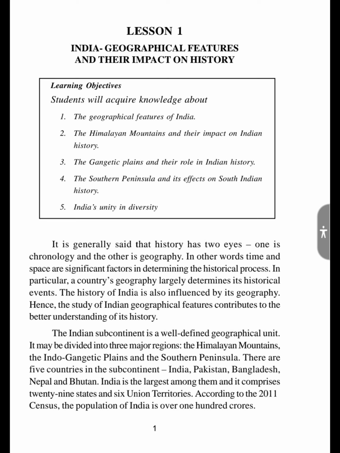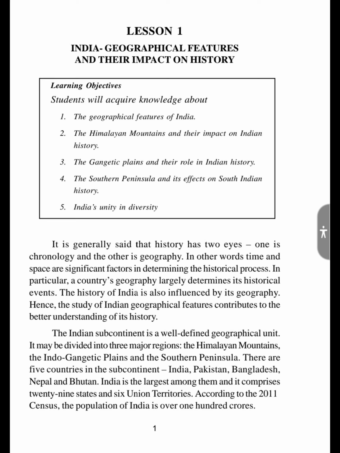The Indian subcontinent is a well-defined geographical unit. It may be divided into three major regions: first, the Himalayan mountains; second, the Indo-Gangetic plain; and third, the southern peninsula. There are 5 countries in the subcontinent: India, Pakistan, Bangladesh, Nepal and Bhutan.